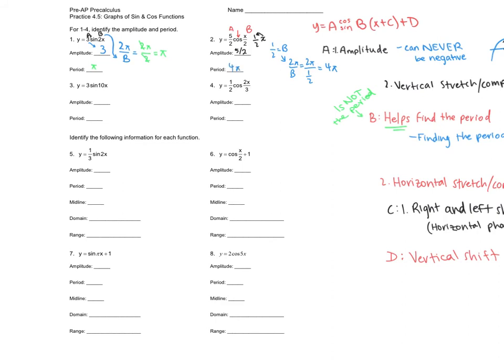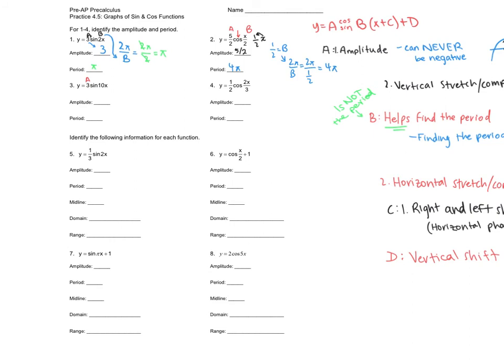Let's look at number 3. So you might be getting the hang of this. Let's break down our equation. So we have y equals 3 sine 10x. Now, our 3 is right in front of that sine or cosine, so we know that's our a value.